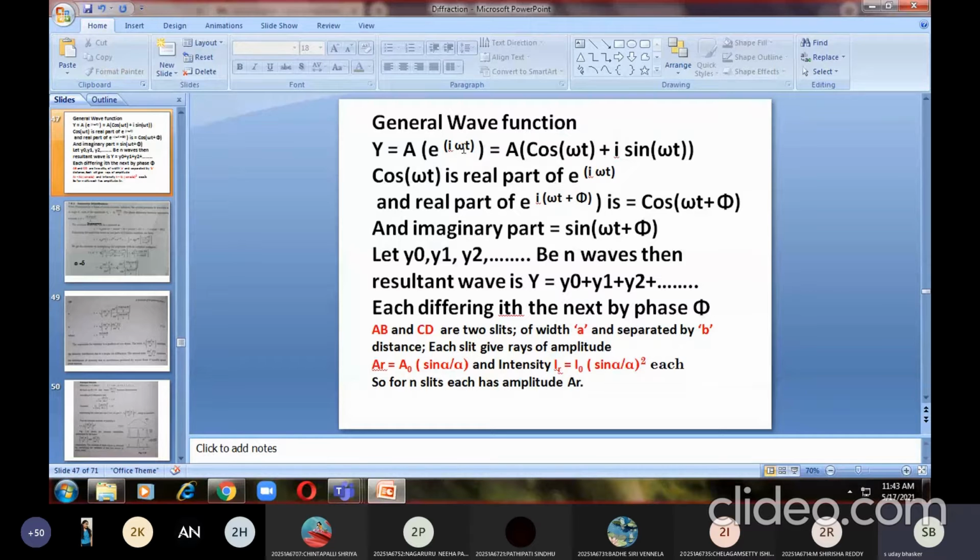Now if you have another y1, then a e to the power of i omega t plus delta is nothing but a cos omega t plus delta plus i sin omega t plus delta, or here phi, whatever it is. Like that, you will have y0, y1, y2, y3. These may be complex numbers, but the real part of y0 is a cos omega t, the real part of y1 is a cos omega t plus delta, and the real part of y2 will be a cos omega t plus 2 delta, and so on.